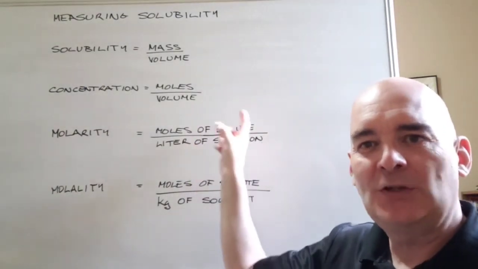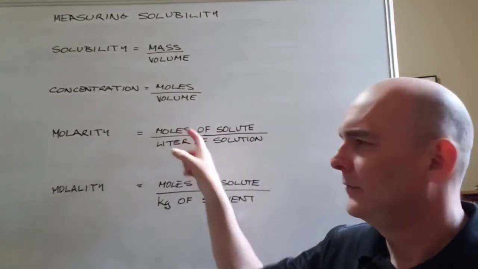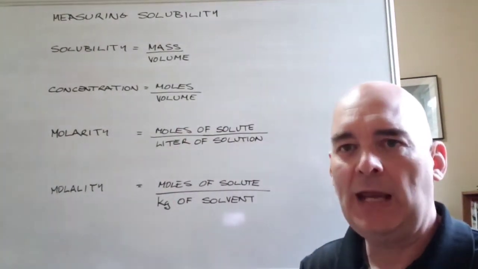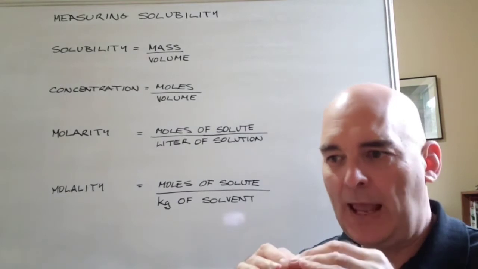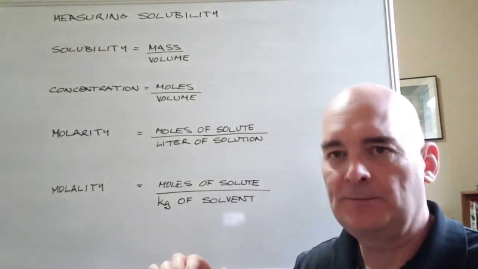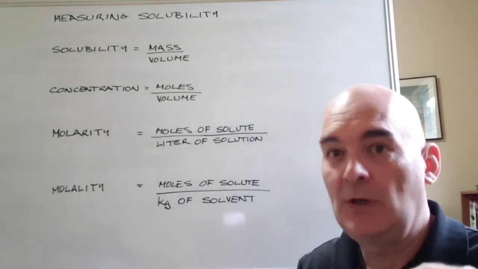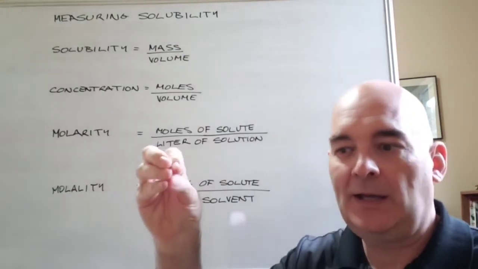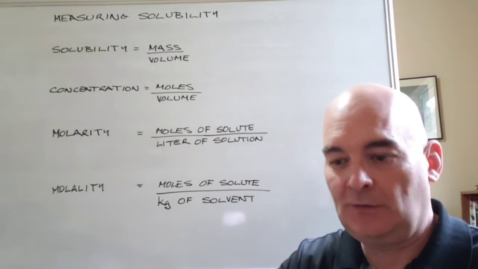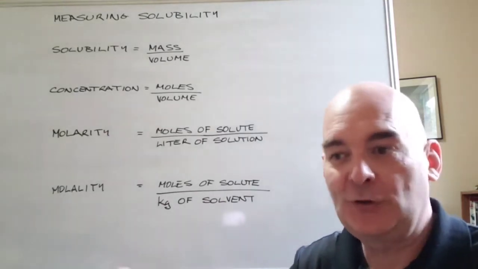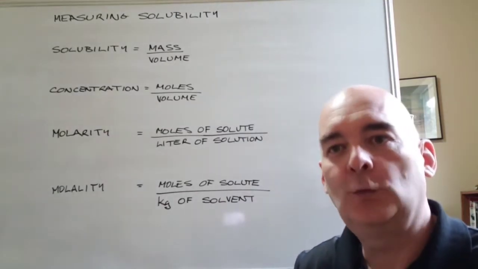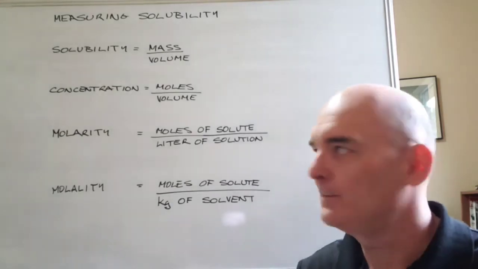What this takes into account is that if I had a container that held exactly 1 liter and I filled it completely with the solvent, when I added my solute to dissolve, because the solute has its own volume, it would displace some of the liquid.